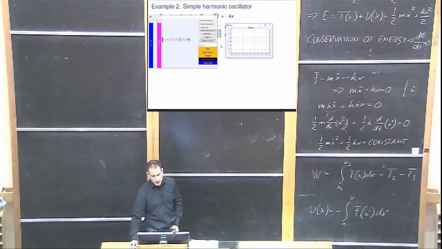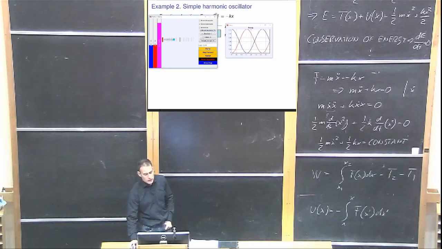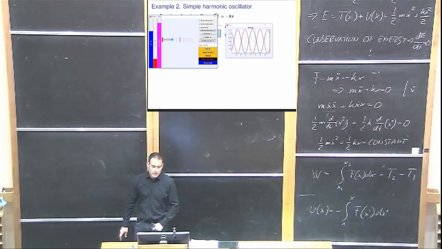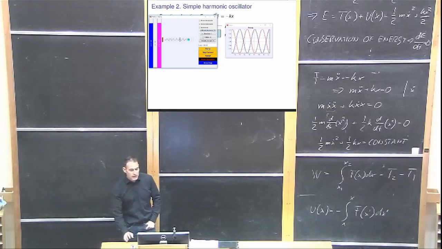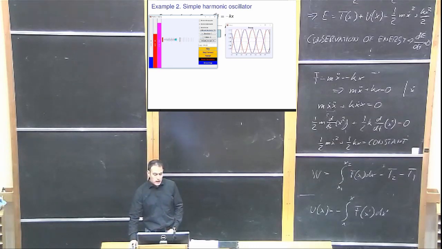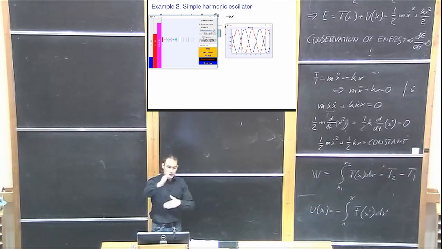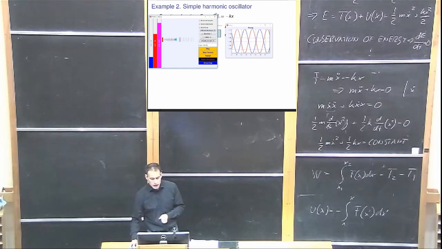And, well, I don't have any damping here. You can probably imagine what happens to the total energy of the system. Oops, yeah, that's pretty fast. But the total energy of the system doesn't change at all. It stays the same. It's just fluctuating back and forth between kinetic and potential energy.